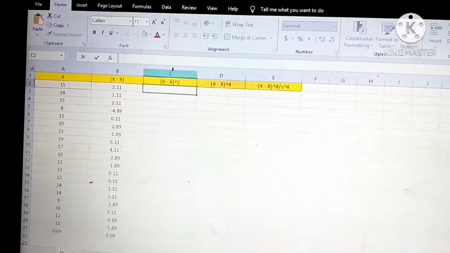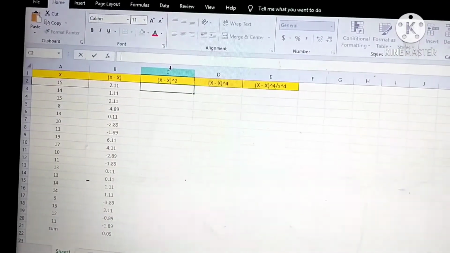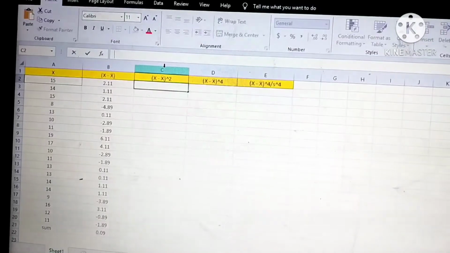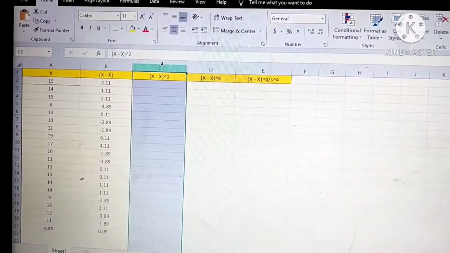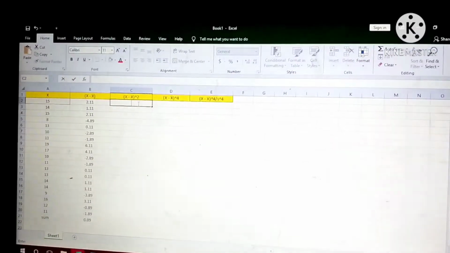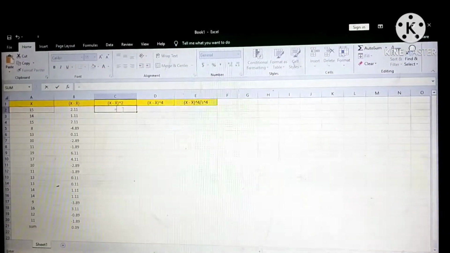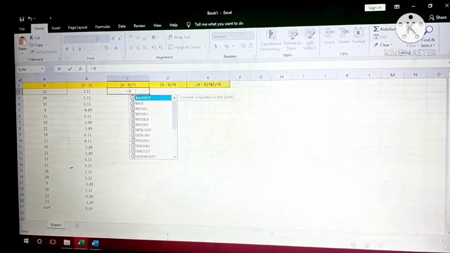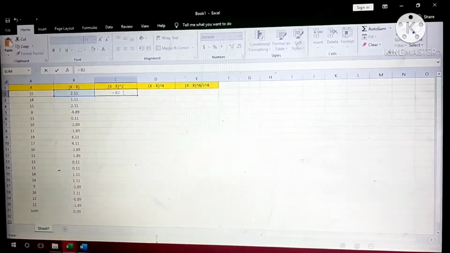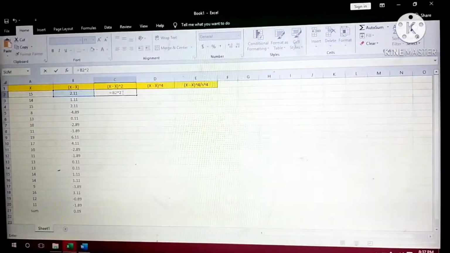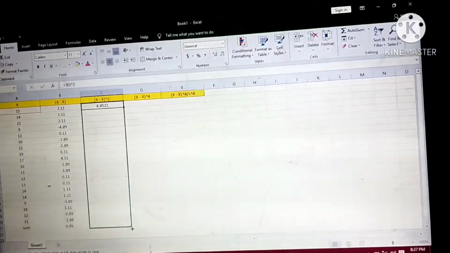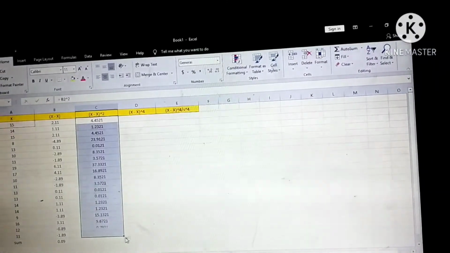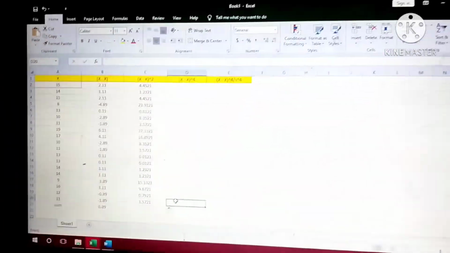Next, we are going to find the value of the quantity of X minus the mean, squared. We will use the formula equals B2 squared, then press enter and drag it onto the last row to find all the results for the quantity of X minus mean squared.